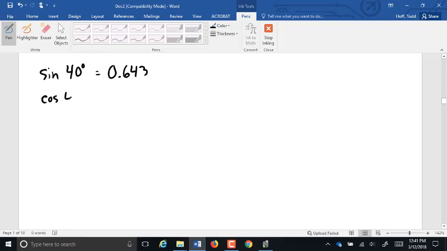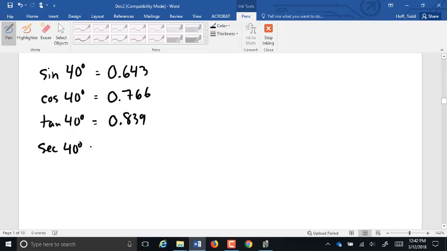How about the cosine of 40 degrees? 0.766. Good. Tangent of 40 degrees. 0.839.